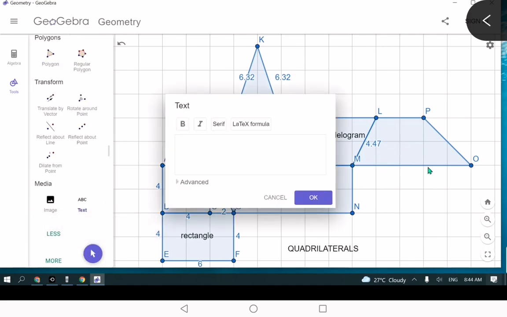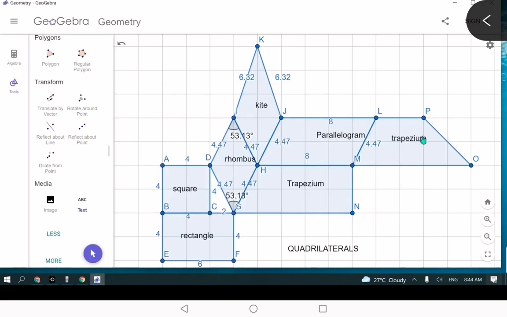This one also a trapezium. For a trapezium, only one property you need to understand: only one pair of parallel lines.